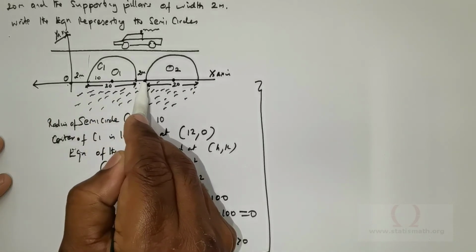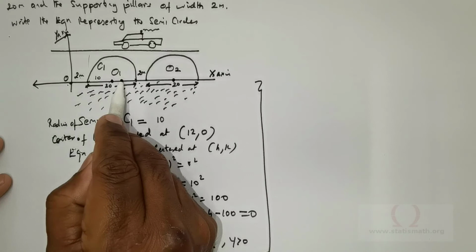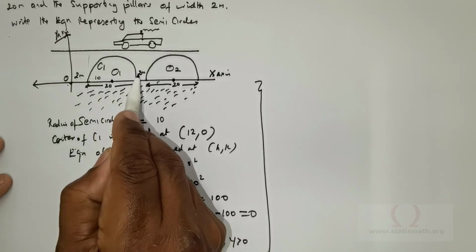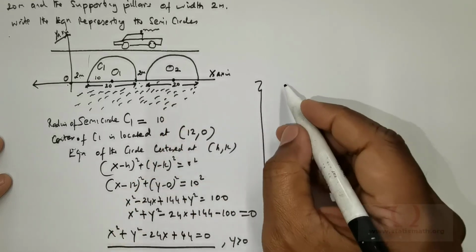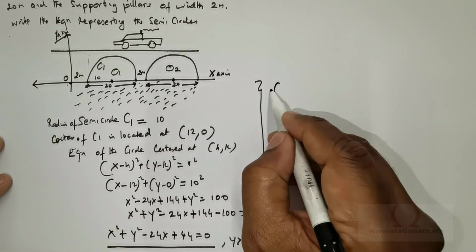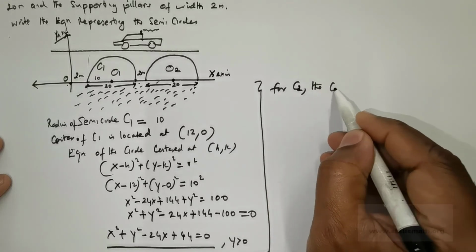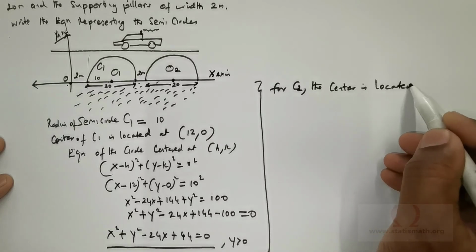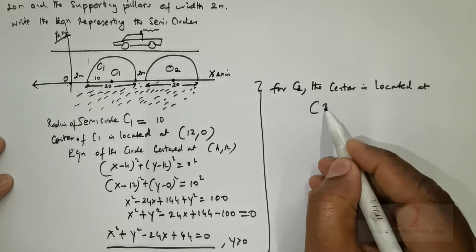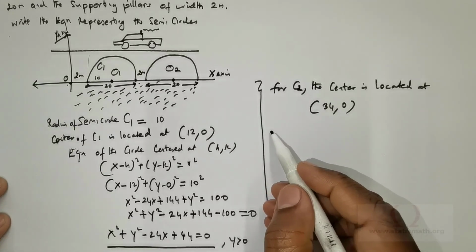To reach this point, we need to add 2 with 10, that's 12, plus another 10, that's 22, plus another 2, that's 24, plus this 10, which is 34. So for C2, the center is located at 34,0.